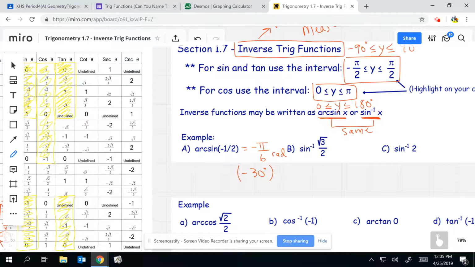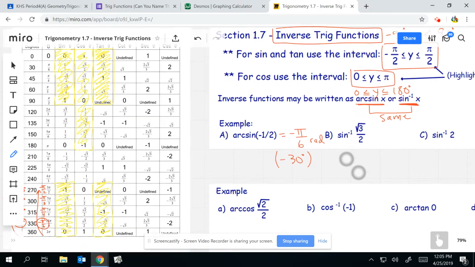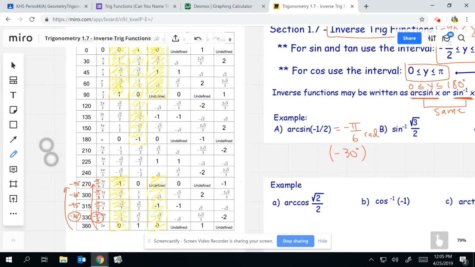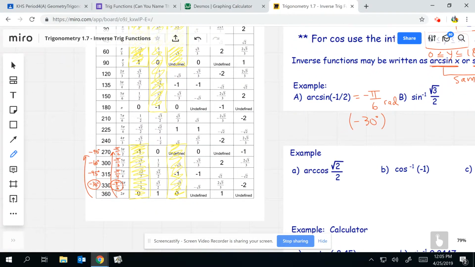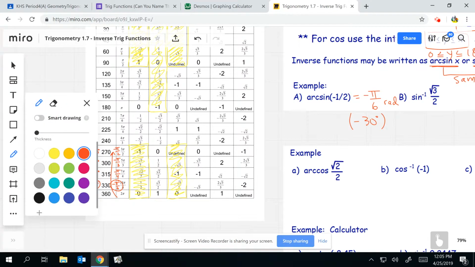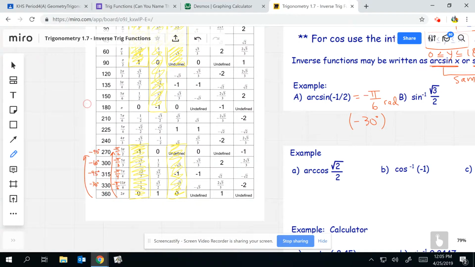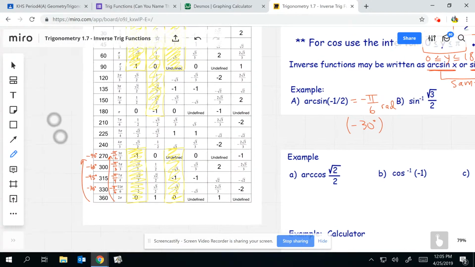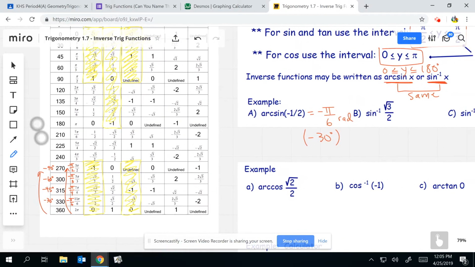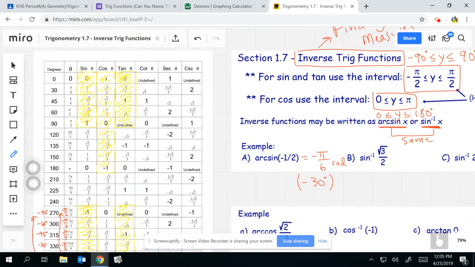So where is the sine a positive radical 3 over 2? Not 3/2, radical 3 over 2, sorry. A positive radical 3 over 2. Where is that? Where is the sine of positive radical 3 over 2?